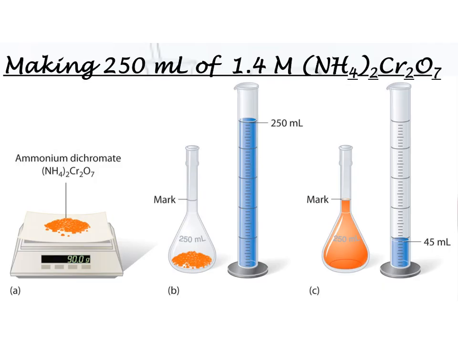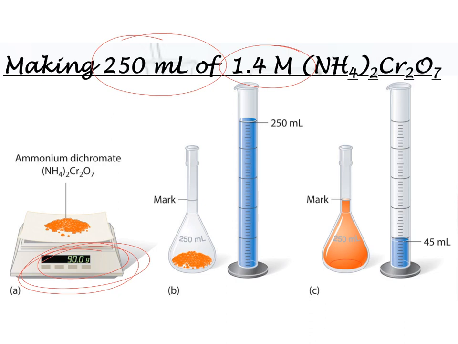Okay, and here is a little schematic, a step-by-step for if you were making a 250 milliliter solution of 1.4 molar ammonium dichromate. So if you do your calculations for 1.4 molar and 250 milliliters, you will find that you need a specific amount of moles, and when that is multiplied by the molar mass of ammonium dichromate, it ends up being 90 grams.